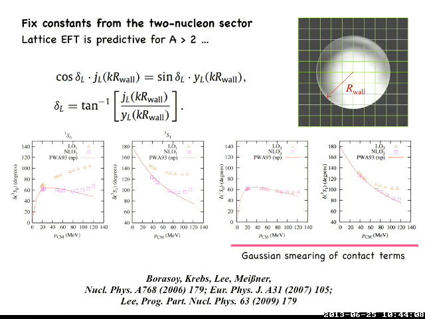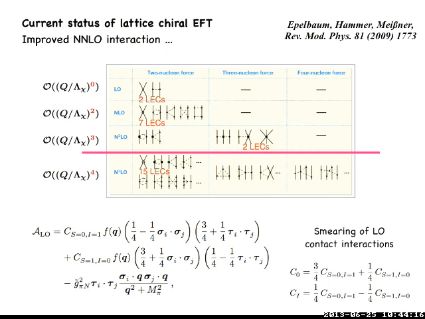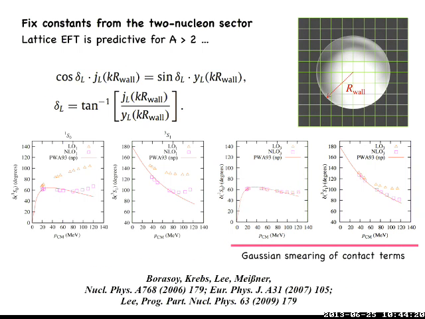If we don't do any smearing, so we just put these to unity, then we get this kind of description: at leading order the description is not very good, but at next-to-leading order it is already much improved.